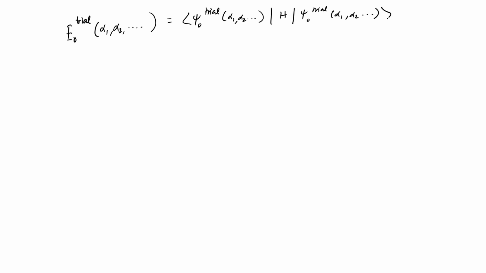So, your E0 trial is going to be a function of alpha 1, alpha 2 and so on, and this is nothing but psi 0 trial with alpha 1, alpha 2 and so on, then H, and then psi 0 trial. Okay.